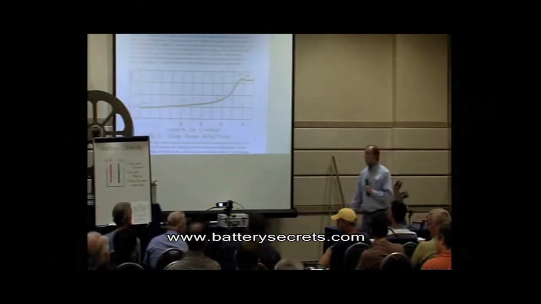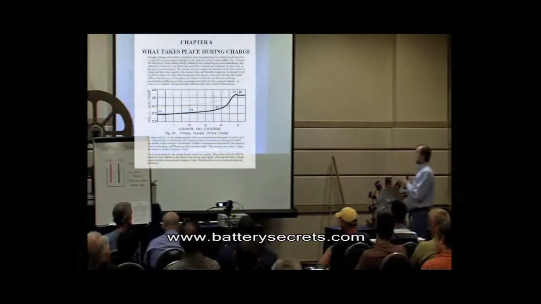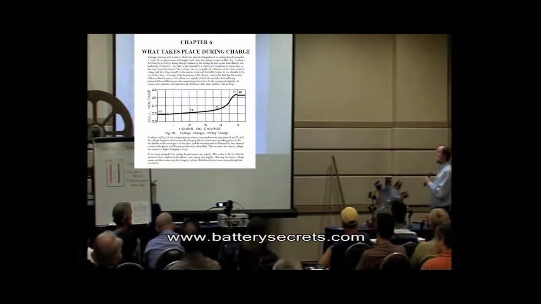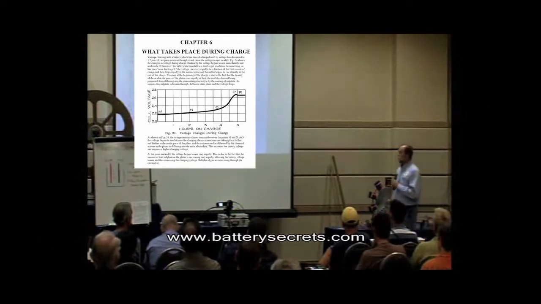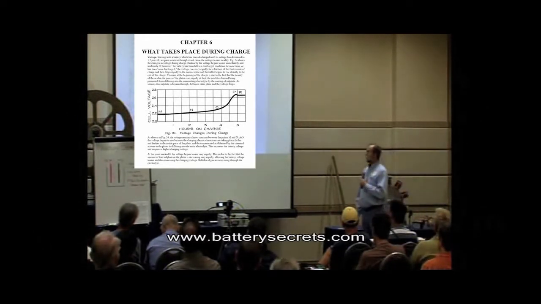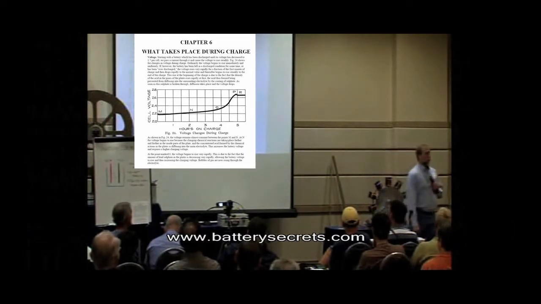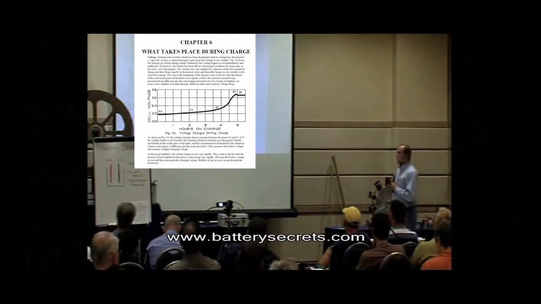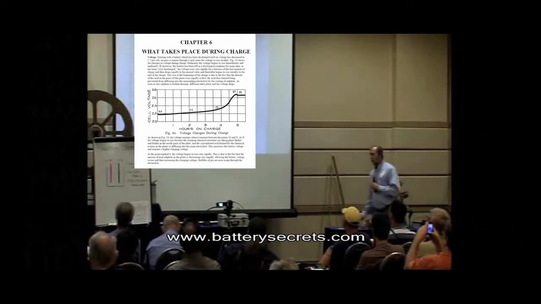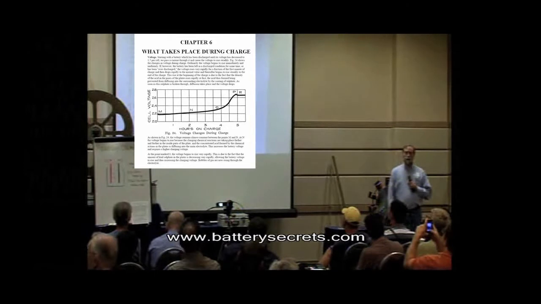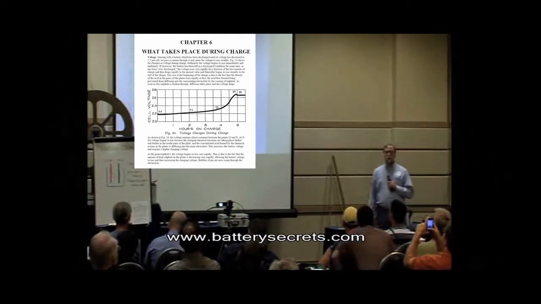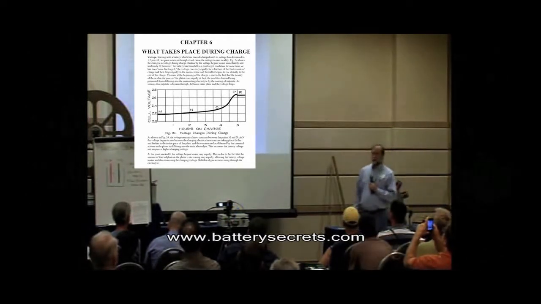Okay? So now this is the most important chart that you can find on battery charging. And it is the key; when John and I found this, we knew what the chargers had to do.